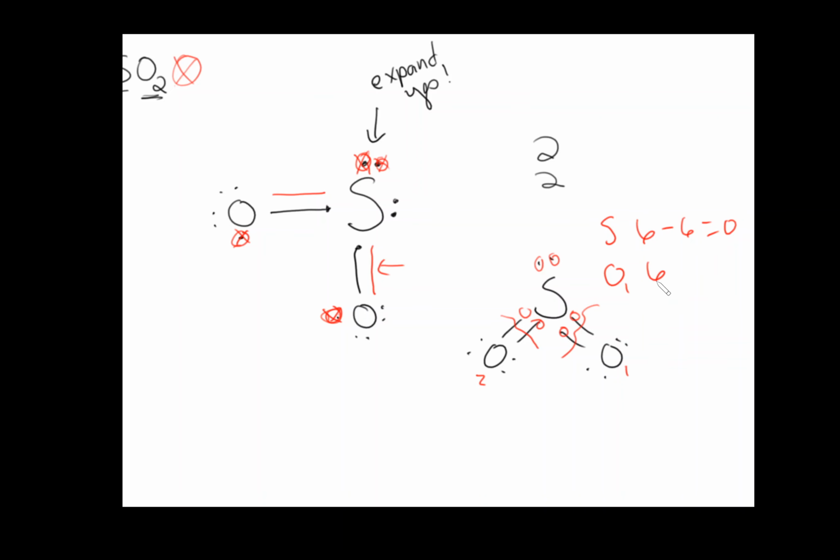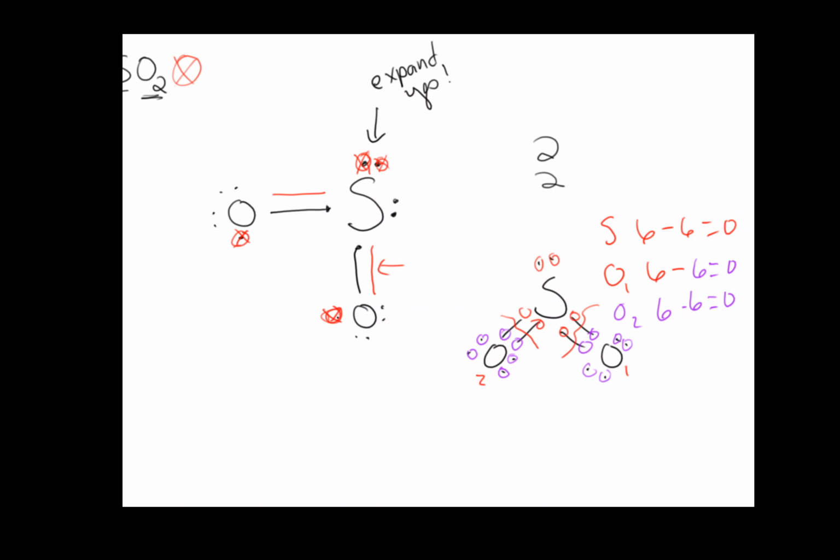Oxygen 1 brought 6 to the party, and it owns 1, 2, 3, 4, 5, and 6. So it's overall neutral. And oxygen 2 brought 6 to the party, and it owns 1, 2, 3, 4, 5, and 6. And it is also neutral, so there are no overall formal charges.